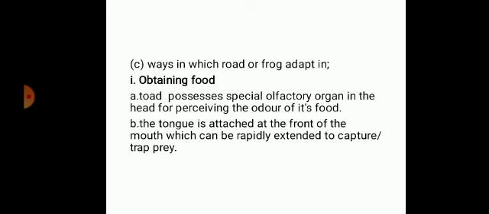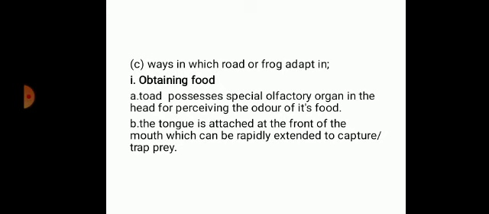Then B, the tongue is attached to the front of the mouth, which can be rapidly extended to capture or trap prey. That is how a toad is structured when it wants to obtain food. So the tongue of a toad is attached to the front of the mouth, and it can be extended very fast to capture its prey.